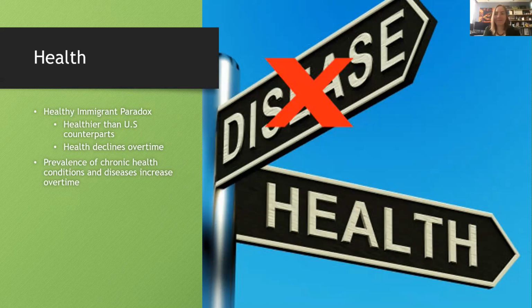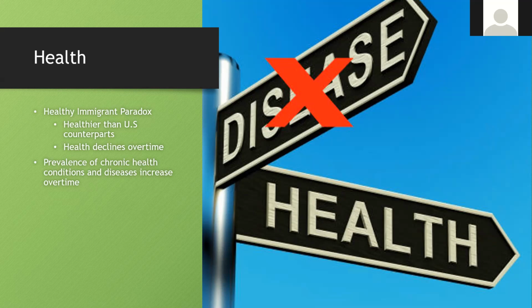So when I think of health in the context of immigrants and refugees, I think of the healthy immigrant paradox. There are different names for this, but it's the idea that when someone comes to the US, they're healthy and have better health outcomes compared to their American counterparts.